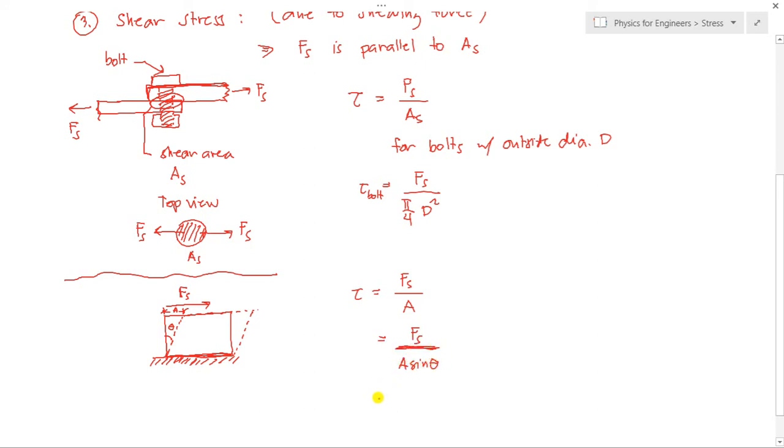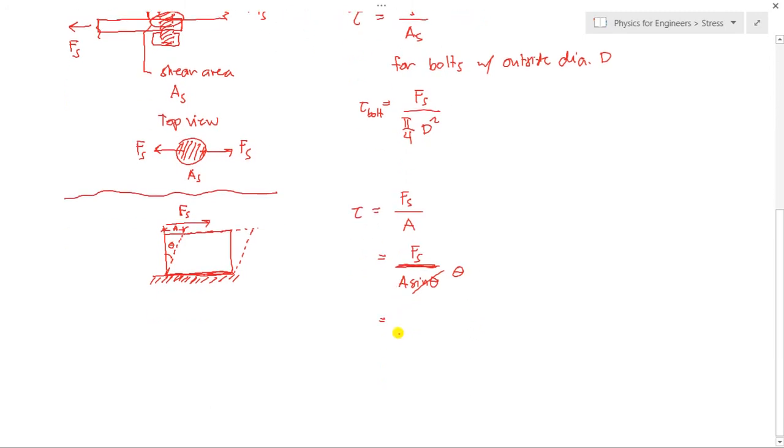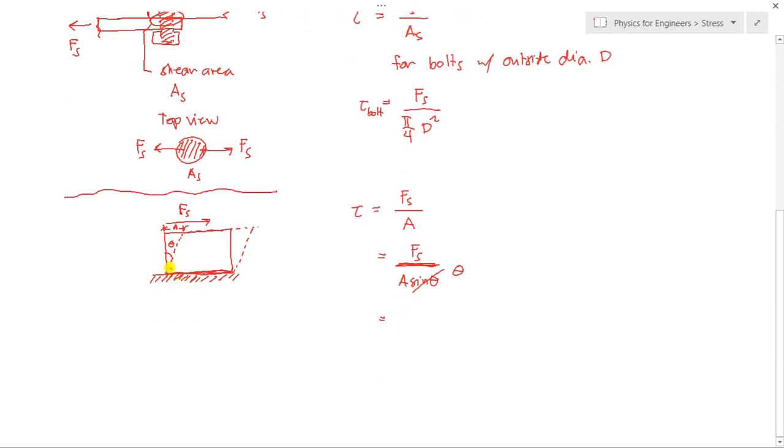But since tungod kay compressive ni siya, gi-assume na lang class, especially sa book, kaning sine theta is just equal to the theta itself in radians. Kay gamay naman kaning movement ni ani. Kay diba the area should be parallel to the direction of force. So therefore we can say that for this type of shearing, kaning na kay object niya display siya at a certain angle. So we have here Fs all over area times the angle of deformation.